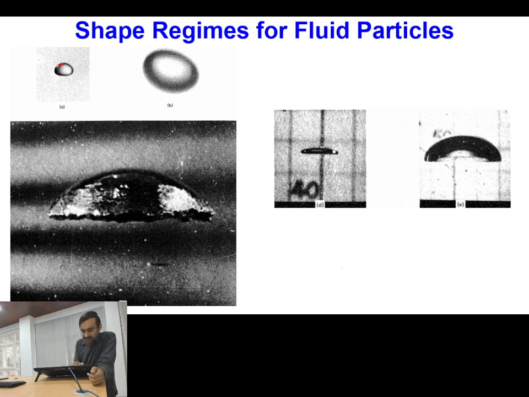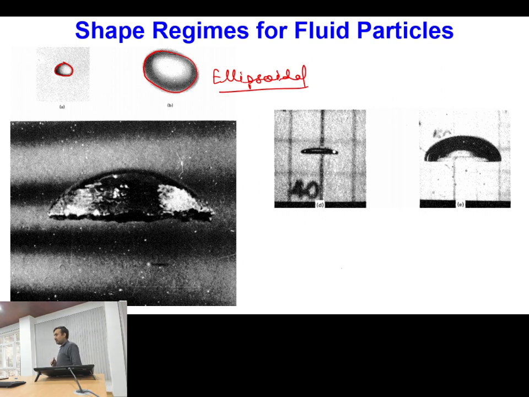If the size of the fluid particle is increasing, then there will be deflections in the shape. These deflections will be reflected something like this. Here you can see the shape is not exactly spherical but somewhat deflected. This is called the ellipsoidal shape. We discussed this yesterday in the previous lecture as well, and typically the ellipsoidal shape can be specified in two further parts depending upon the aspect ratio, the oblate and the prolate shape.